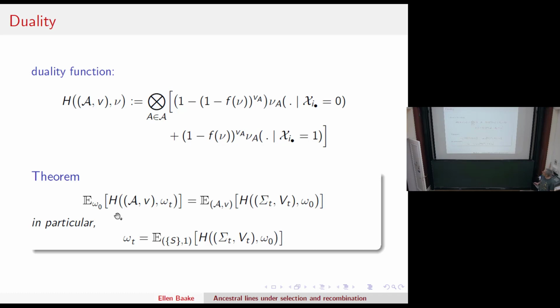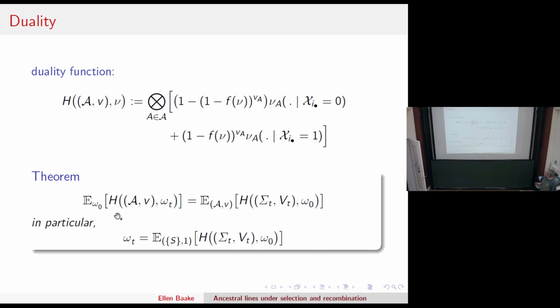And then the theorem tells us that this duality function does what it is supposed to do, namely it makes the weighted partitioning process into the dual of the solution of the differential equation.